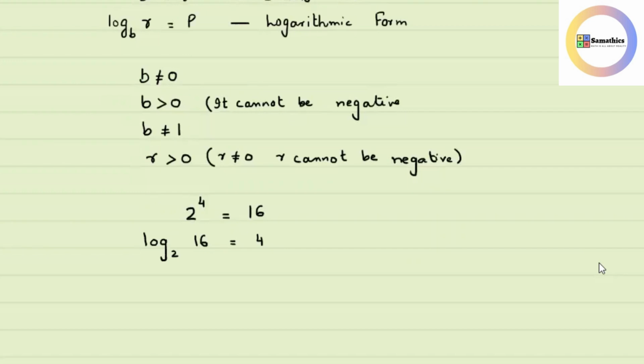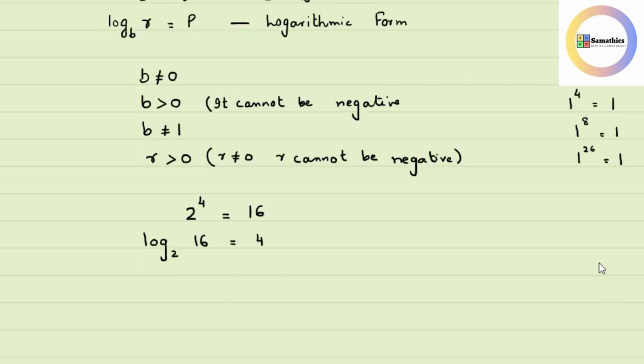Why can it not be 1? Because 1 power 4 will be 1, 1 power 8 will be 1. Whatever the power of 1 you take, it will give you the result as 1. So the base cannot be 1, and the base cannot be negative as well when you write in the form of log.